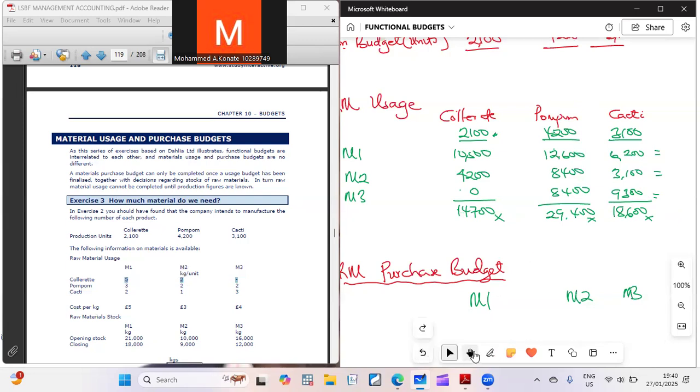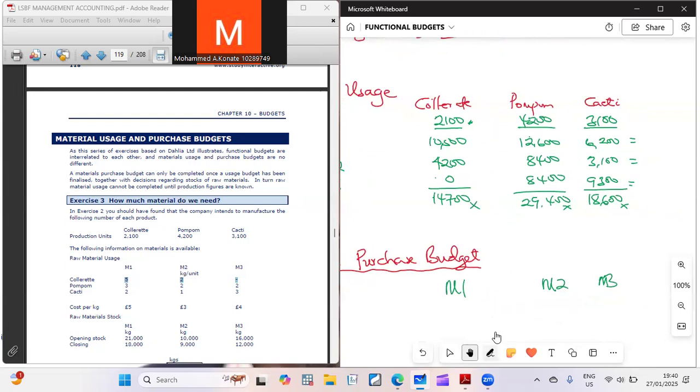Since it's done this way, we now need to total these ones. If you total this one, what will you get? This plus this plus this. That's 29,300. And this one is how much? 15,700. Then the last one.